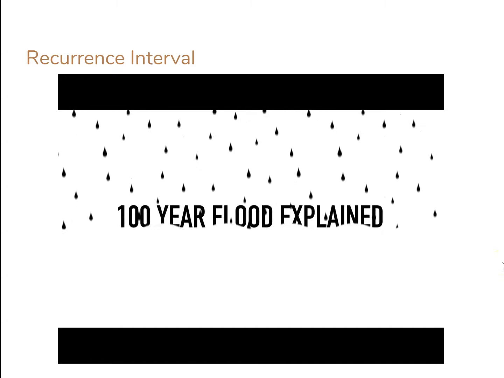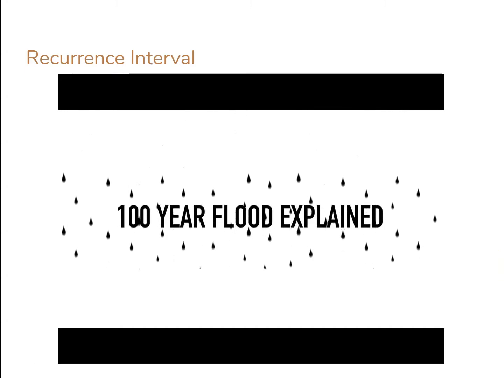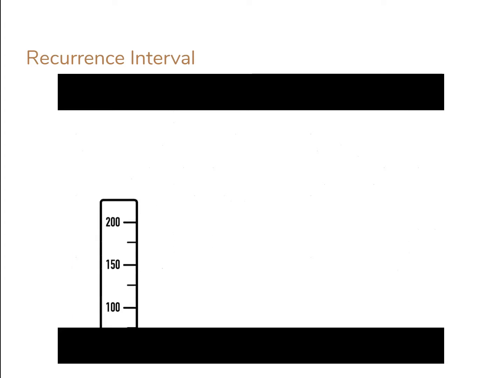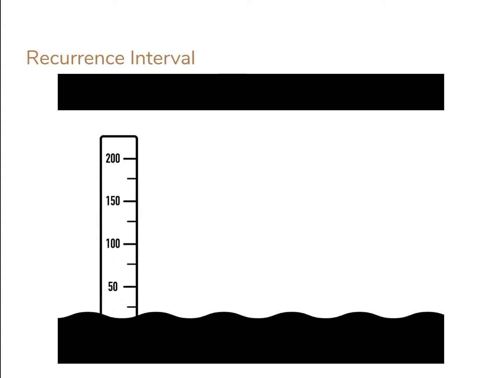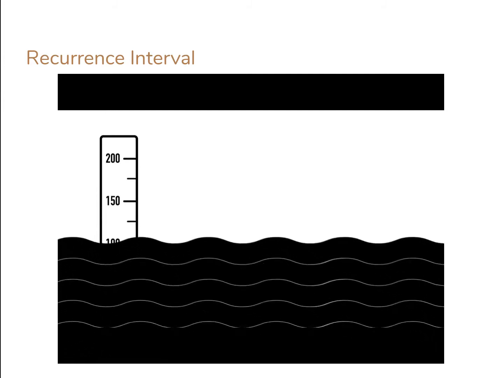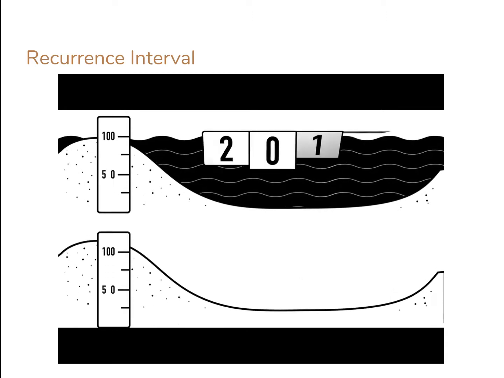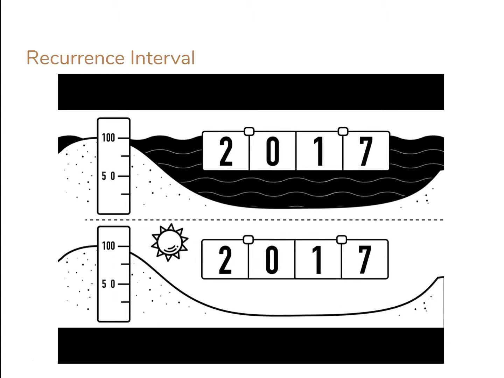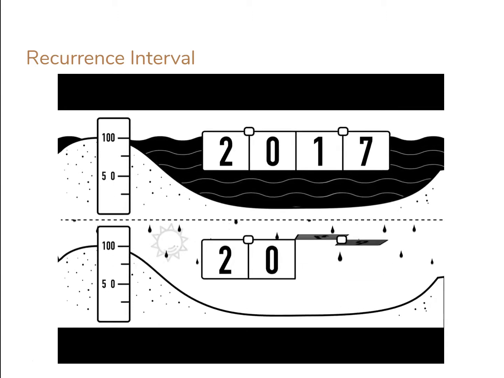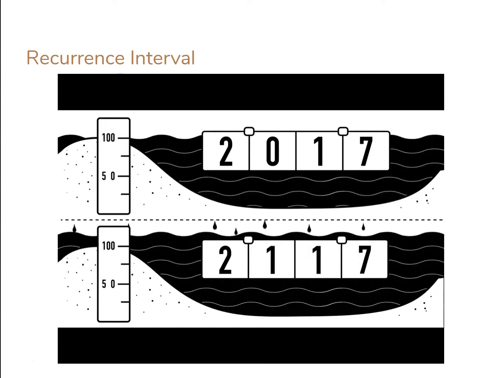Now, we've all heard the phrase, a 100-year flood, but what does that actually mean? Well, one of the first things to acknowledge is that it's a little complicated, but we will do our best to explain it. To start off with, there's a common misunderstanding that if a 100-year flood has occurred, then it'll be another 100 years before we see a flood that big again.